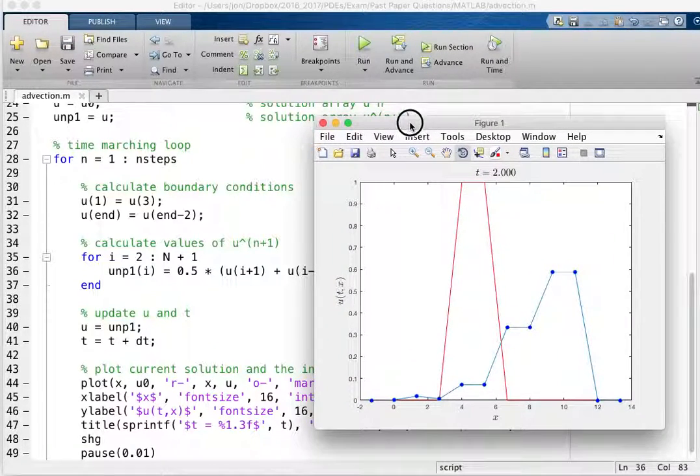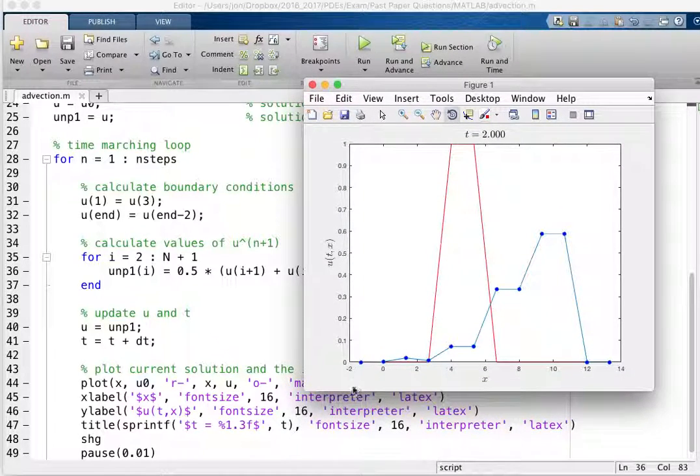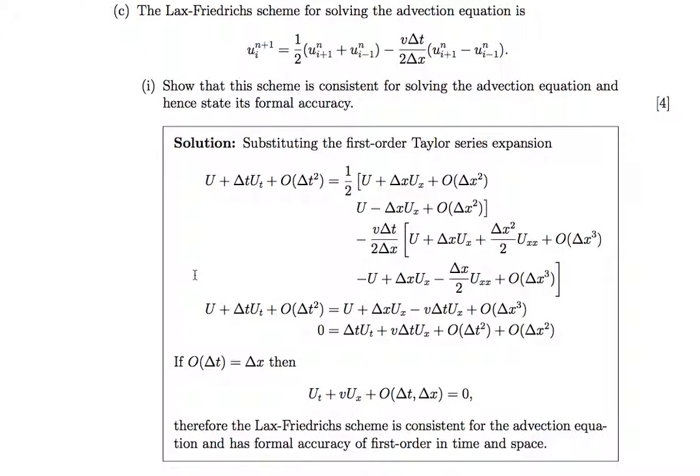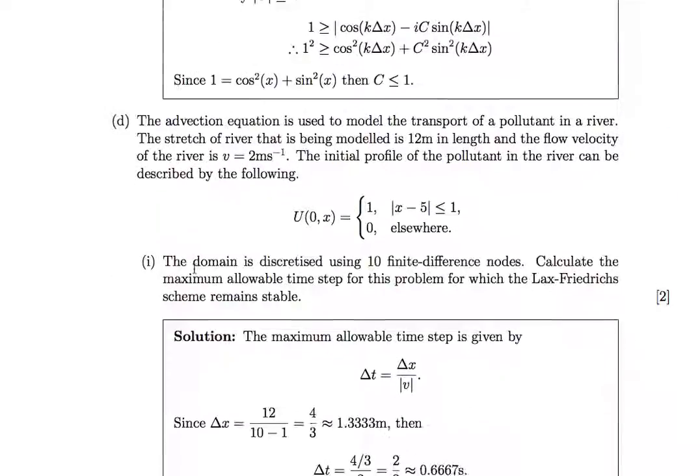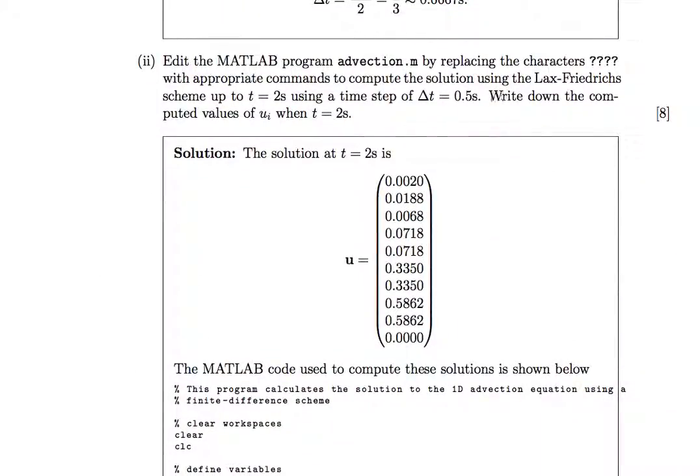It has worked and it's produced this plot for me. The red line is the initial conditions and the blue line is our computed solution. If we go back to the exam paper, the question says write down the computed values for u when t is equal to 2 seconds.